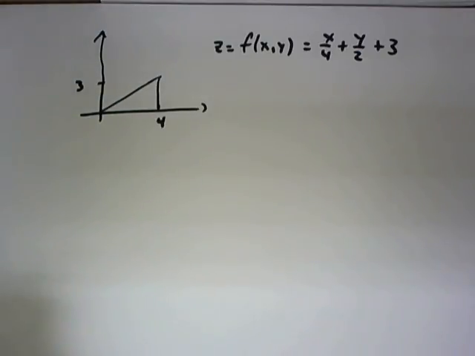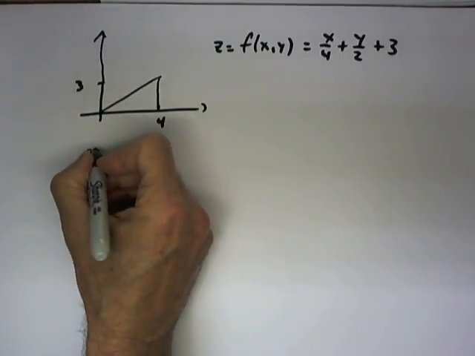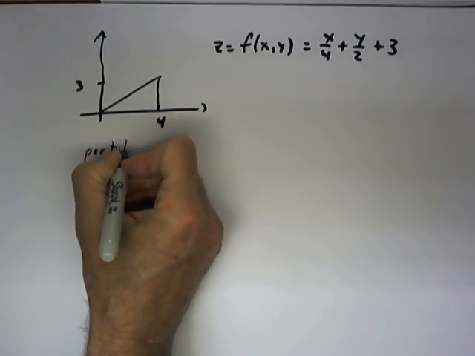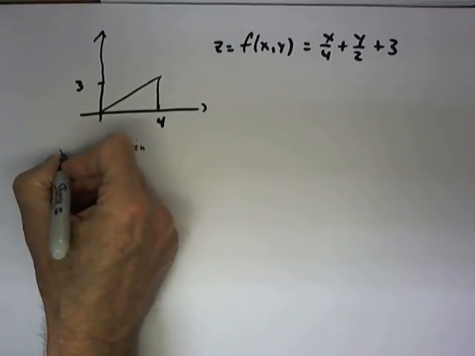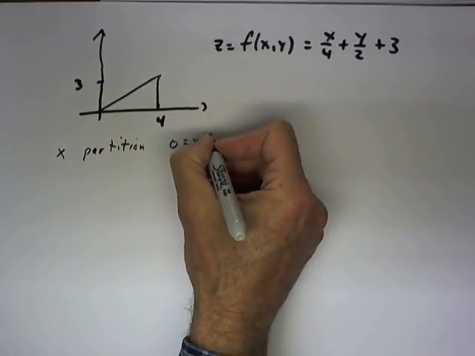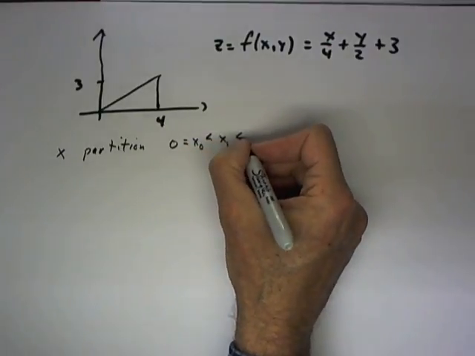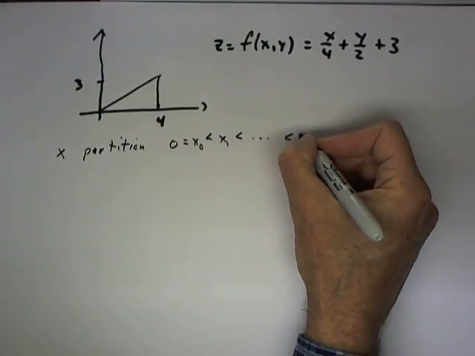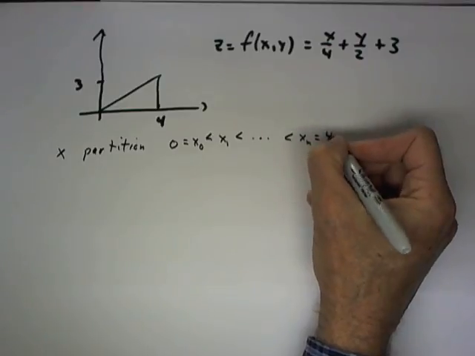Once again, we can consider partitioning the interval from 0 to 4. So we'll have an x partition, 0 equals x0 less than x1 less than and so forth, less than xn, which equals 4.